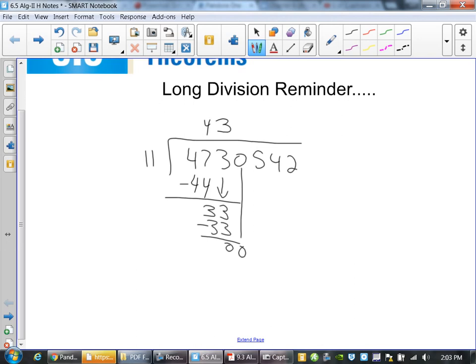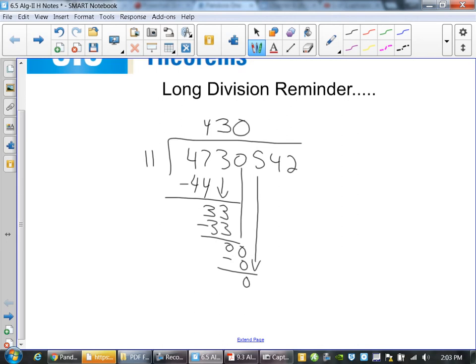I bring down the next value. The next value just so happened to be a 0. How many times does 11 go into 0? 0. 0 times 11 is 0. 0 minus 0 is 0. Bring down the 5.